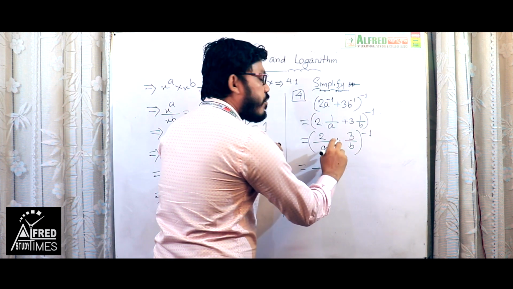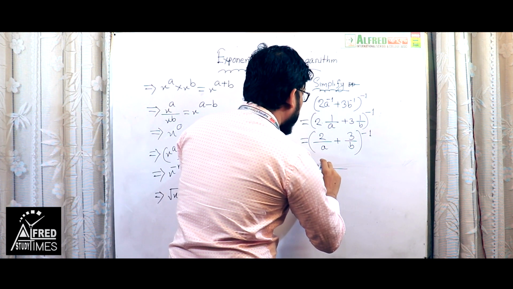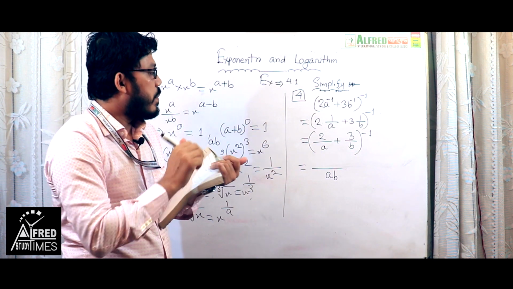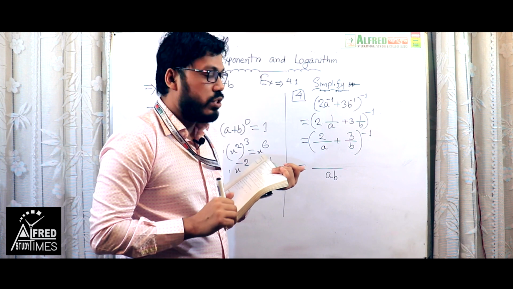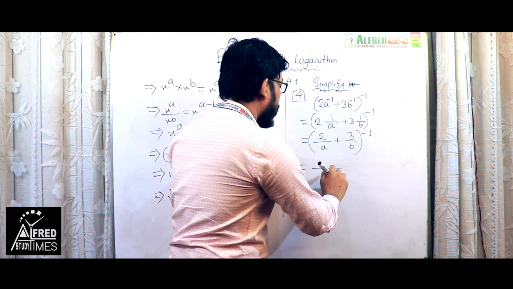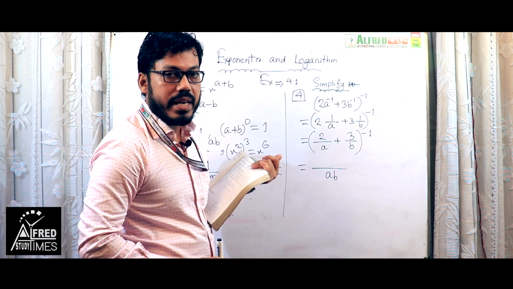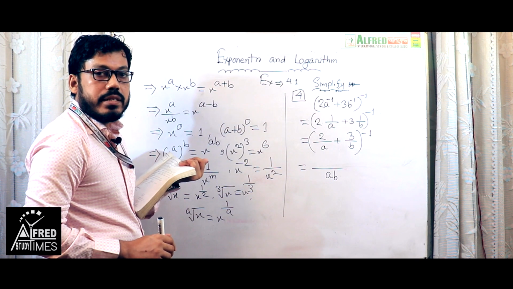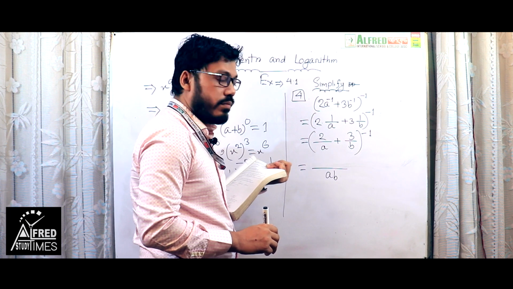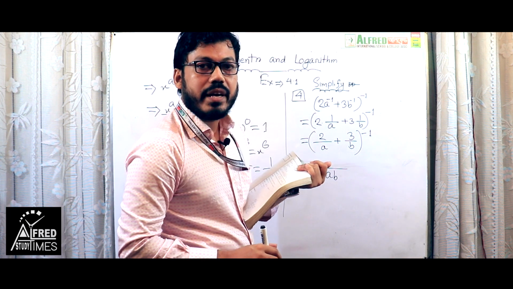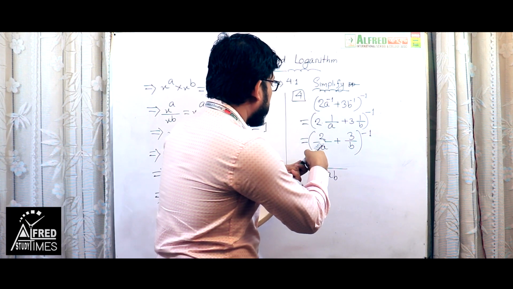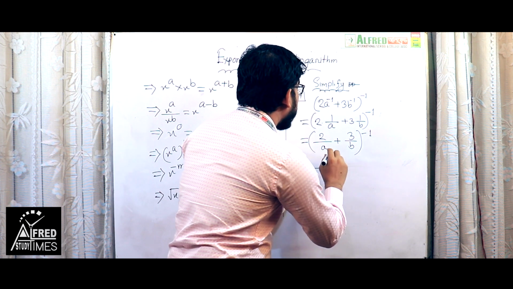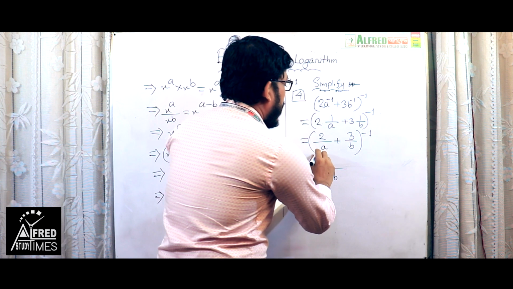addition between two fractions. We know to add or subtract between any two fractions, we have to apply only one method: finding the value of the LCM at first, then dividing the LCM value by every denominator and multiplying with every numerator. Now we are going to apply this method to add the two fractions.